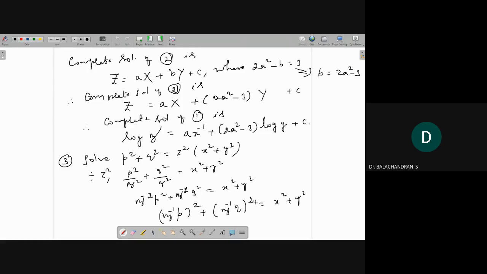Can you predict? If you predict, then you are on the right path. Type 4, yes, very good. Type 4, because x square and y square are separated. X and y are separated, so from this you'll get p and q, so x and p and y and q.